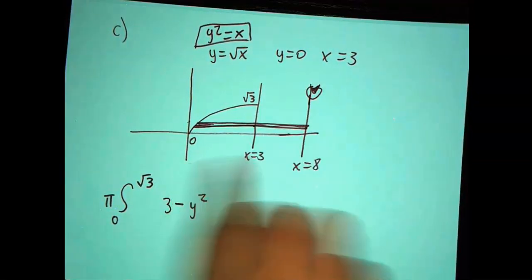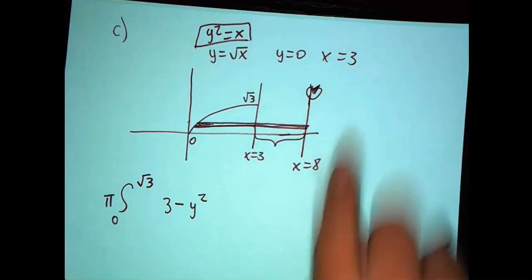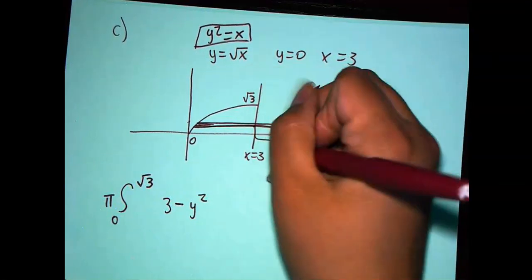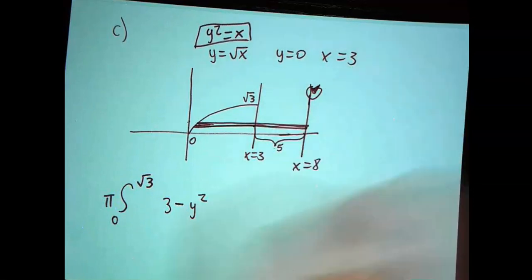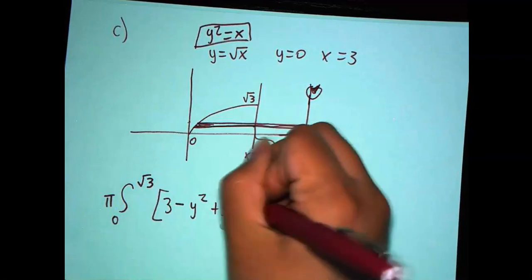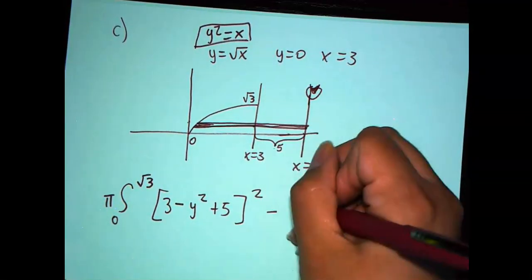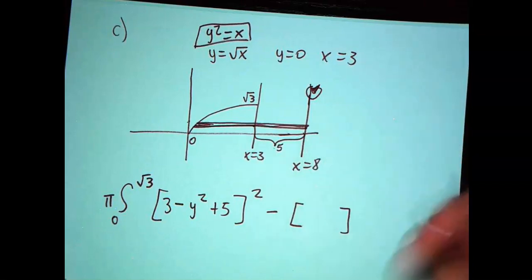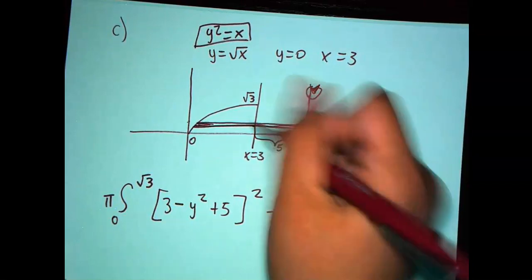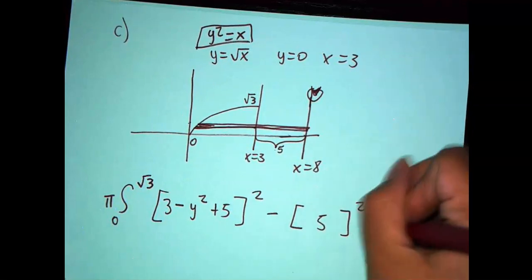Okay, then from here to here, 8 minus 3 will be 5. So I'm going to be adding 5 more. That will be my bigger radius minus my small radius, which is going to be the whole. In this case, the whole is 5. It's going to be 5 squared, and this is in terms of y.